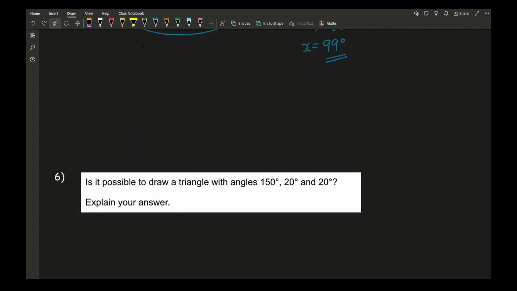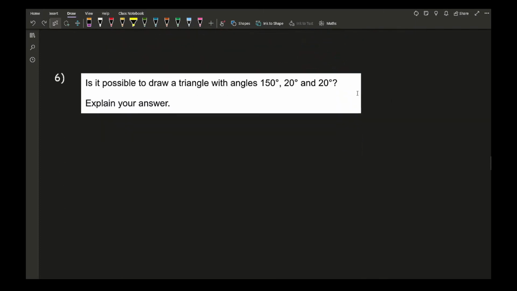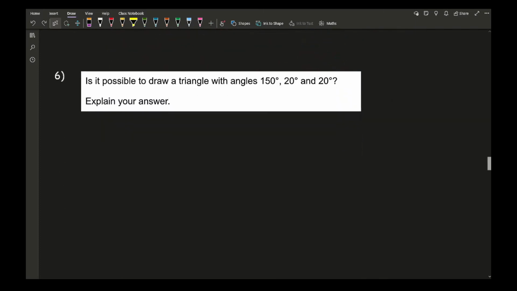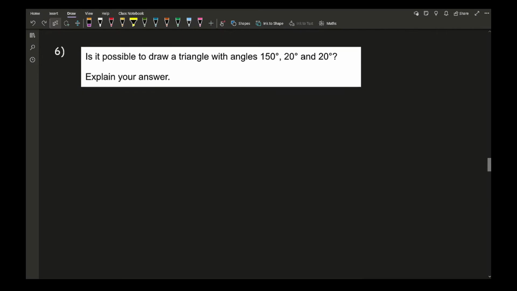So again, let's have a look at question 6. So here we've got no diagram. The question says, is it possible to draw a triangle with angles of 150, 20 and 20? Well, the key principle about angles inside a triangle, and those are the key two words in this particular question, is that angles inside a triangle must add up to 180.